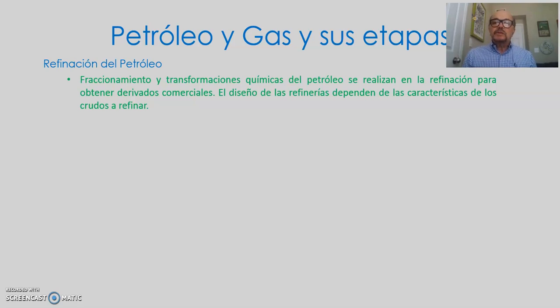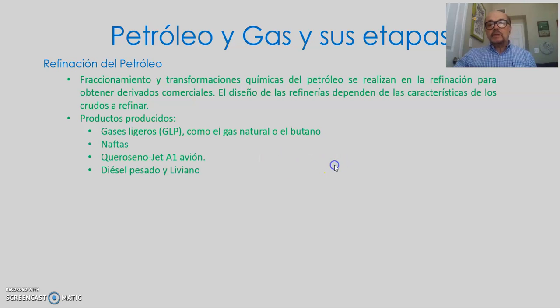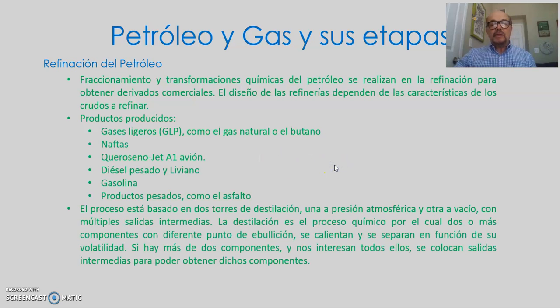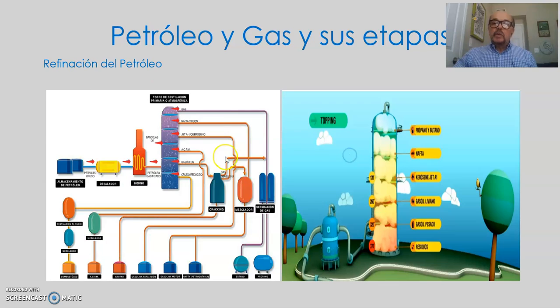And some processes take place, like fractioning and chemical transformations of the oil, obtained through those processes in the refinery. So we're going to talk a little bit about it.